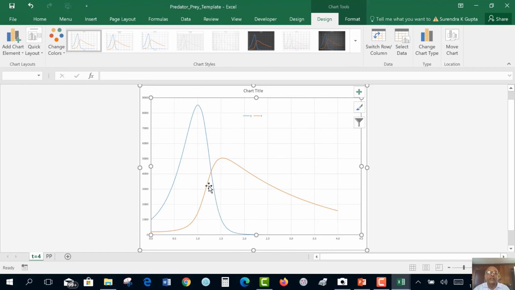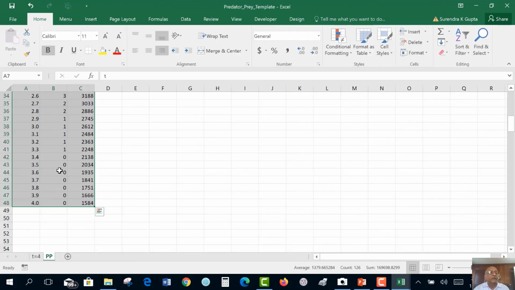So they start increasing and reach a maximum of 5,000. So when we have 5,000 foxes, we don't have many rabbits left, about 1,000 rabbits left. So of course, their population would start dying off. And you can see, of course, rabbits are extinct. They all die, right? So you will see back in our spreadsheet, they have gone to 0.